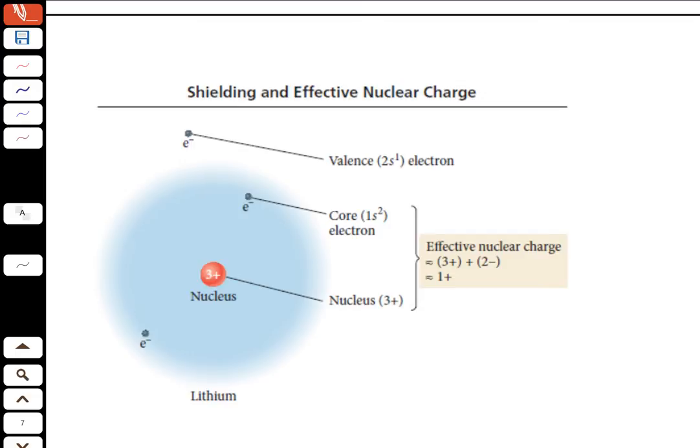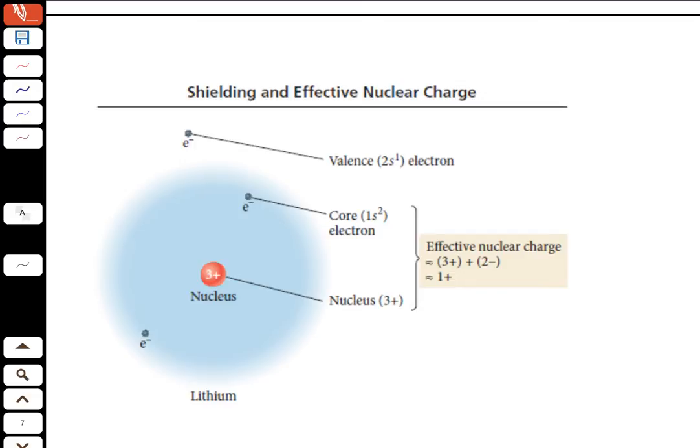All right, so is the effective nuclear charge on the valence electrons increasing? It is, right? Because all those new electrons, as we go across the row, are being added to the same n level. So the effective nuclear charge on an electron in the valence level of lithium is +1.